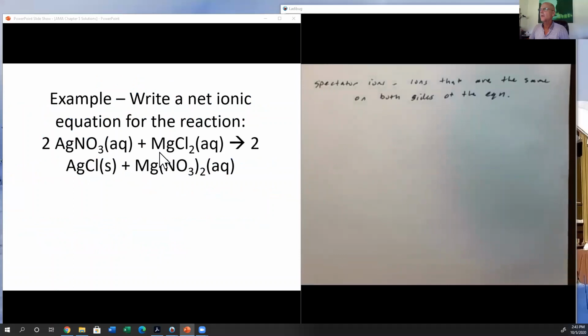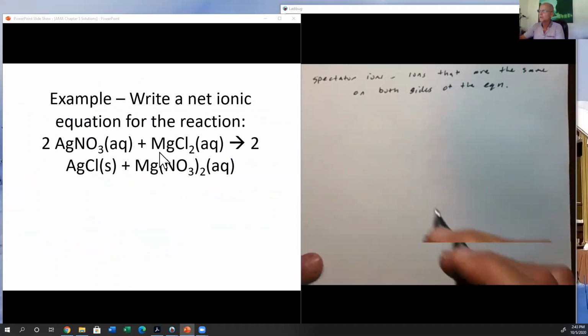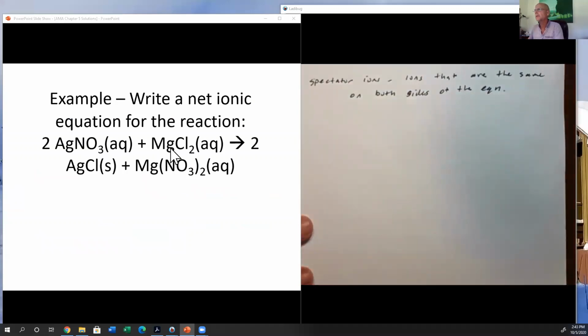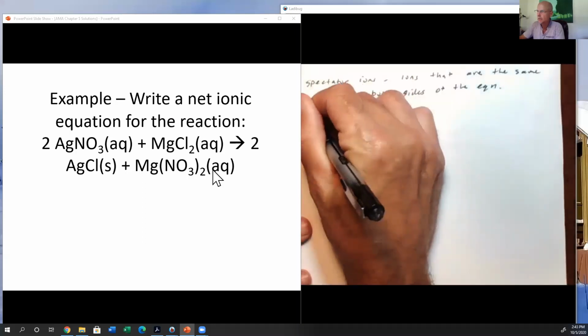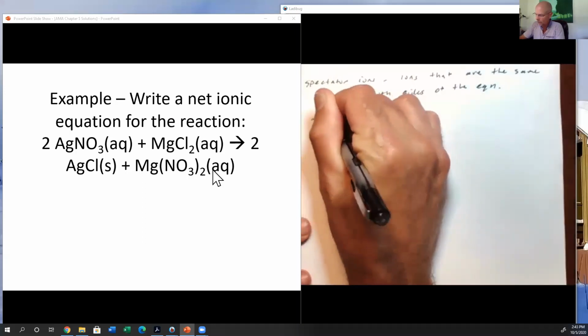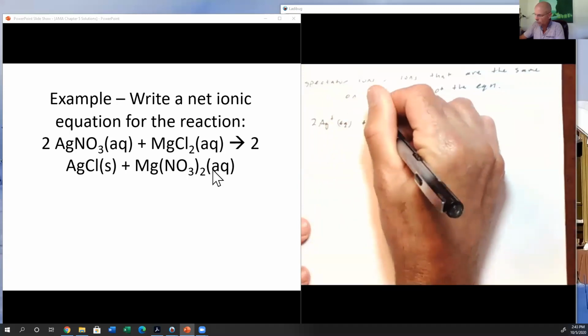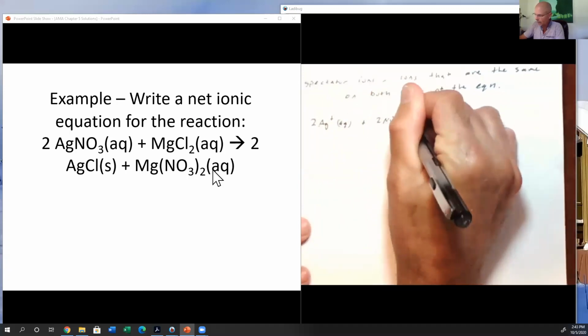So let's try this. Let's write a net ionic equation for this reaction. 2 AgNO3 aqueous plus magnesium chloride aqueous goes to 2 AgCl plus magnesium nitrate. So let's start with the complete ionic equation, which would be 2 Ag plus aqueous plus 2 NO3 minus aqueous.